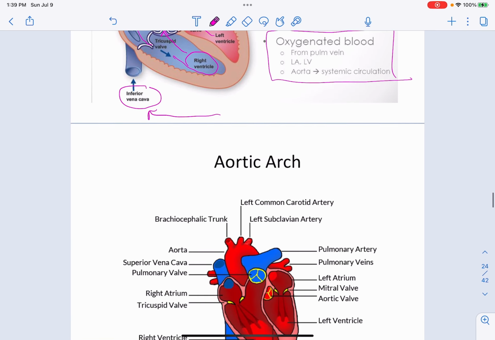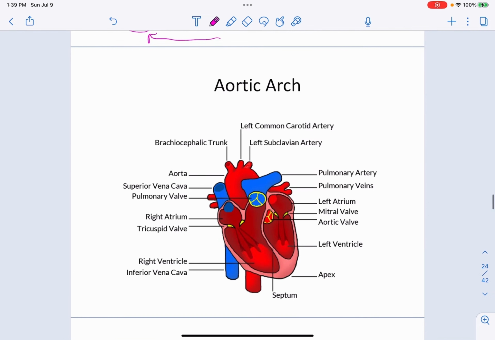All right, this next picture is showing you the names of the arteries that are coming off of the aortic arch. I don't know if it's a mnemonic, but I'm going to revisit this in circulation, so I don't want to spend too much time with this.